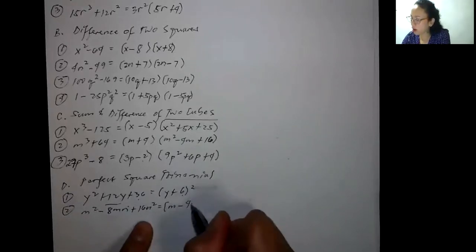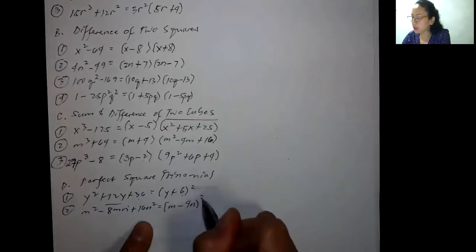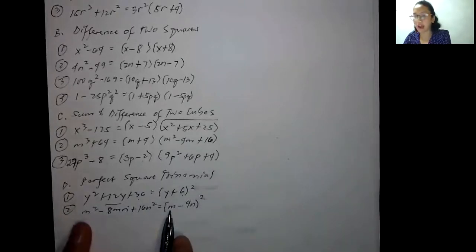That is 4n, raised to the second power. Again, m times m, m squared. So product of these two, that is negative 4mn times 2, that is negative 8mn. Then negative 4n times negative 4n, the answer is positive 16n squared. So that is the answer.